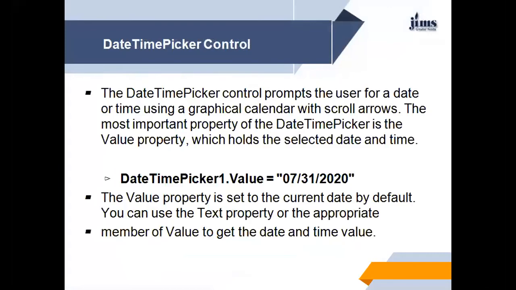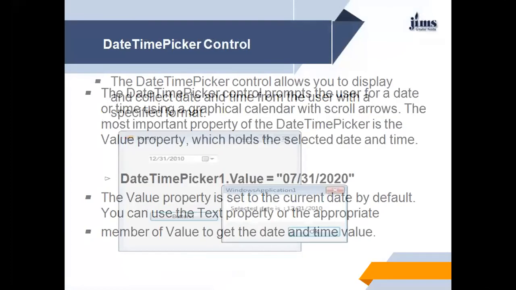The DateTimePicker control prompts the user for a date or time using a graphical calendar with scroll arrows. The most important property of the DateTimePicker is the Value property, whatever value you are entering. Earlier you saw that the value was 31st December.